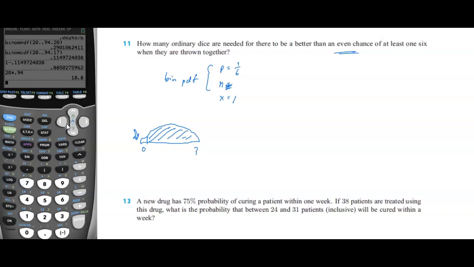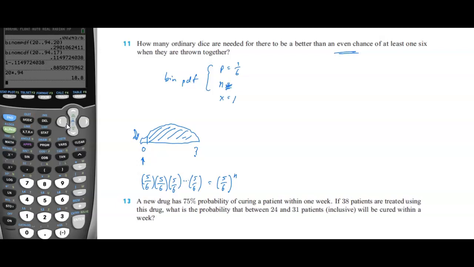So if I was to do this without the calculator, I would say, okay, how do I calculate the probability that I would get 0 6s? And that would be, I would have to get not a 6, not a 6, not a 6 for every single one of my throws, and I would basically raise 5/6 to the power n, right?